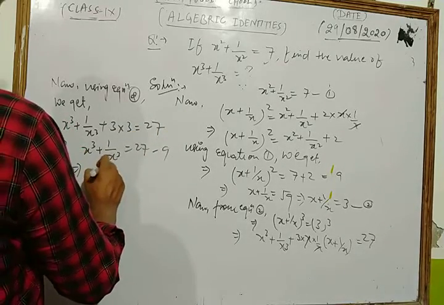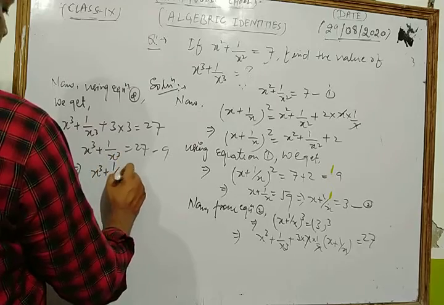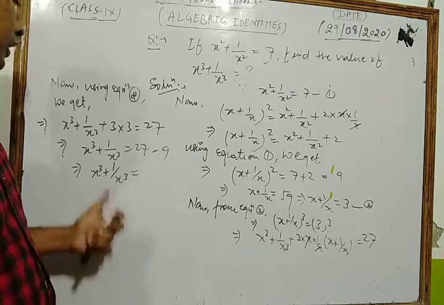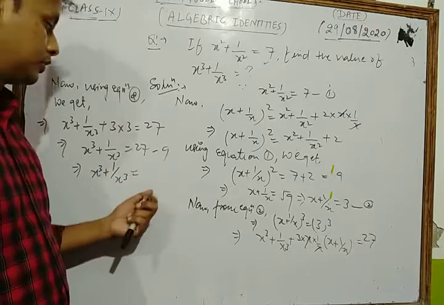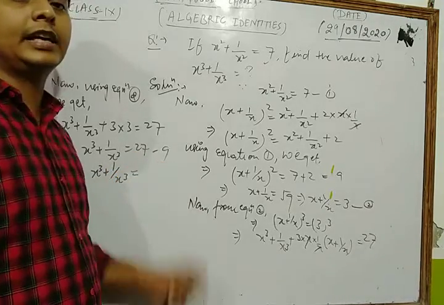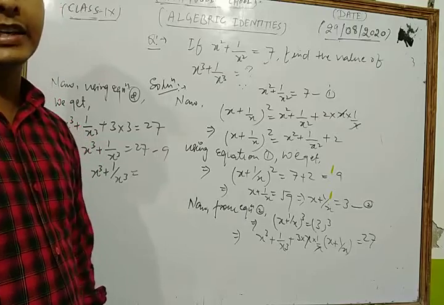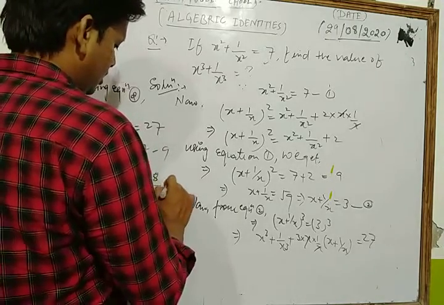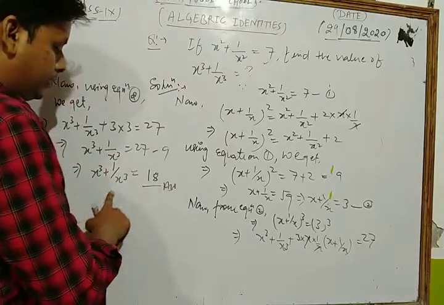So the value of x cube plus 1 upon x cube is equal to 27 minus 9, which is 18. Yes, so the value of x cube plus 1 upon x cube is 18.